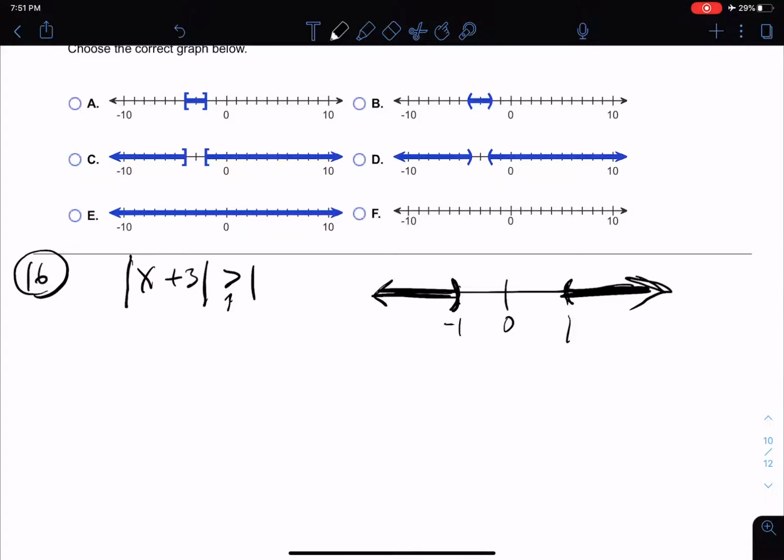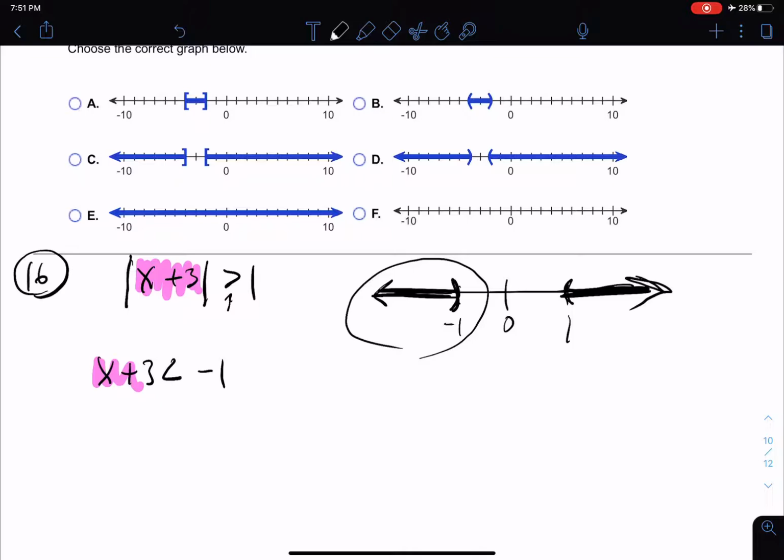So what is true here, which is good, is that this is already isolated, right? The absolute value is already isolated. So this little pink stuff, x plus 3, the expression in the absolute value, we rewrite that and say it is less than negative 1.